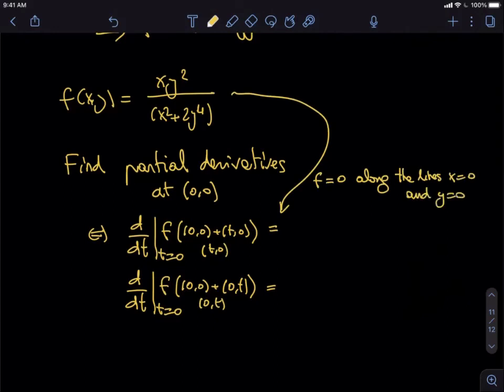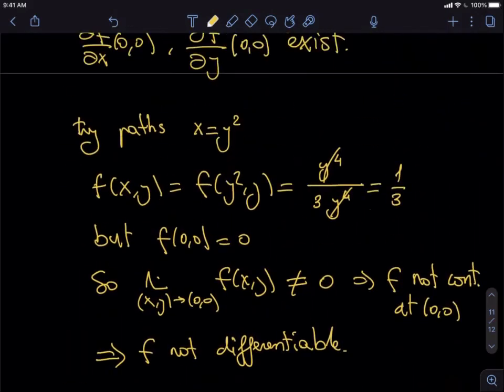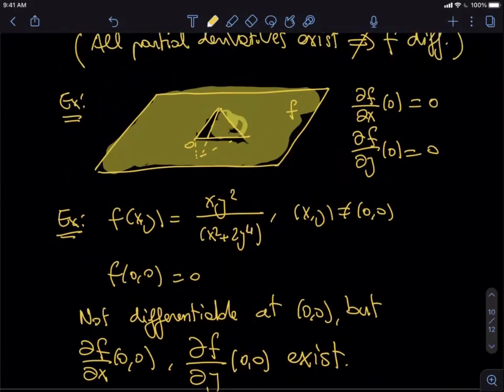So then the partial derivatives are both zero. They exist, okay? But it's a very similar problem as the one that I was mentioning with the hole on the road. It's just that there is a discontinuity, but along the edges, the function is like a constant.